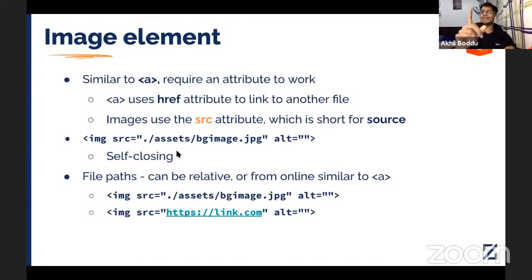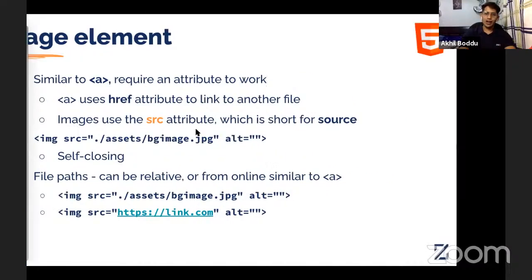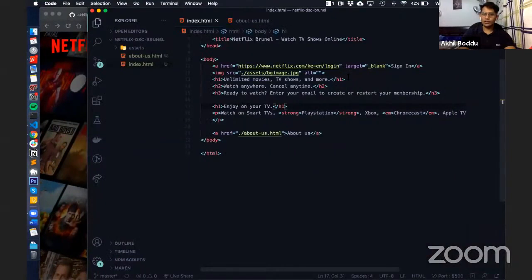And just something that I want you guys to notice, if we look at all our elements over here, we have an opening tag and we have a closing tag, right? Opening tag, closing tag. But if you look at image, it actually doesn't have a closing tag. It's known as self-closing. So image is a self-closing element, and you only have the image tag and you don't actually have a closing tag, right?